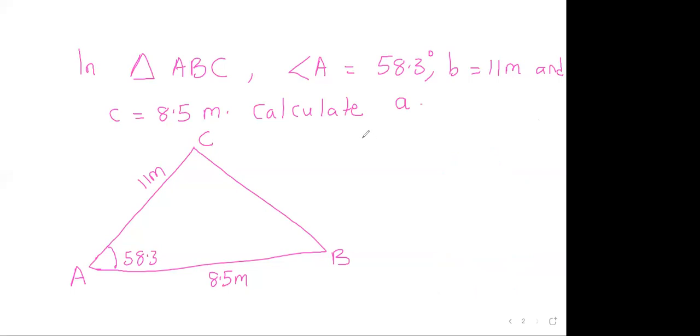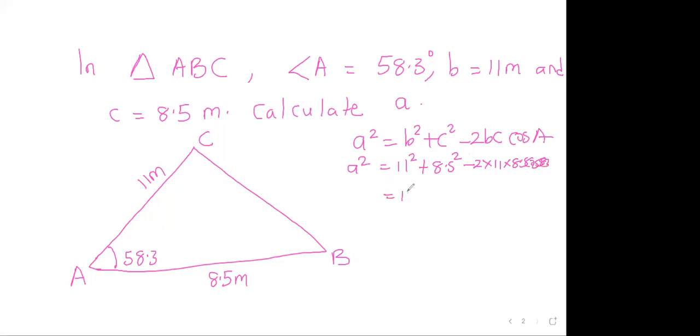I expect you to have written your rule as a squared is equal to b squared plus c squared minus 2bc cos of A. Then you went on and said a squared is equal to 11 squared plus 8.5 squared minus 2 times 11 times 8.5 cos of 58.3.